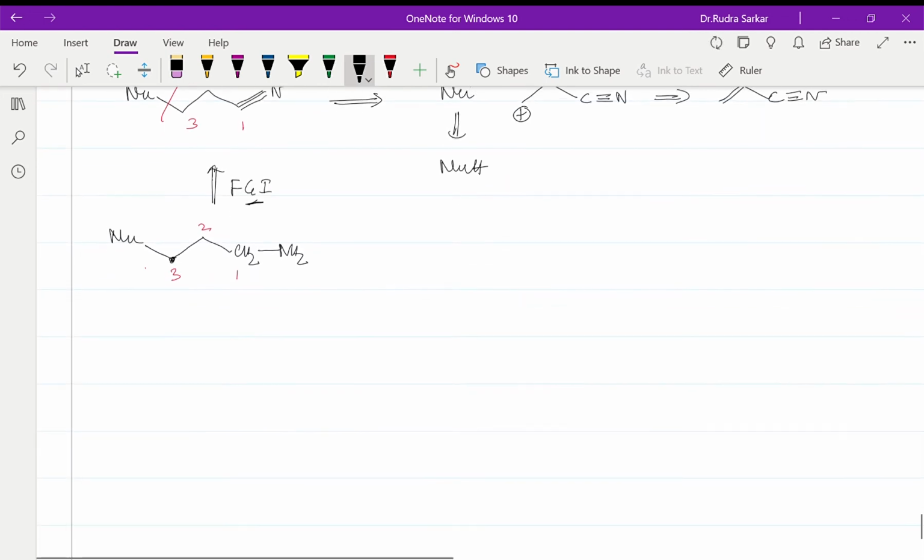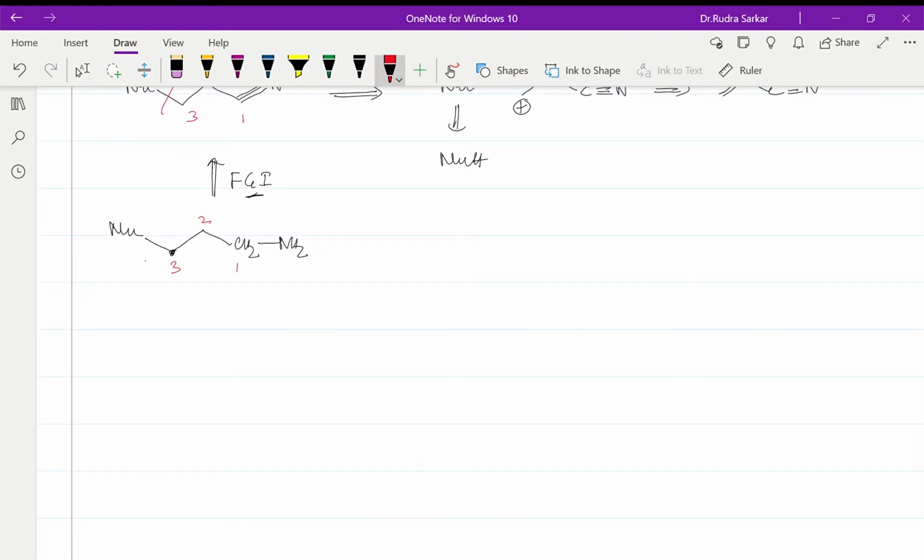So let us consider the difficult one. Okay, that is the CH2NH2. So let us consider a retrosynthetic analysis of a molecule of the type, say, RO, this. Now what is the connectivity of RO in respect to NH2? It is 1, 2, 3.